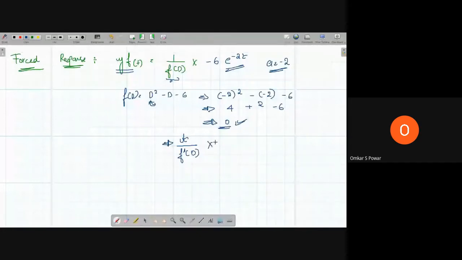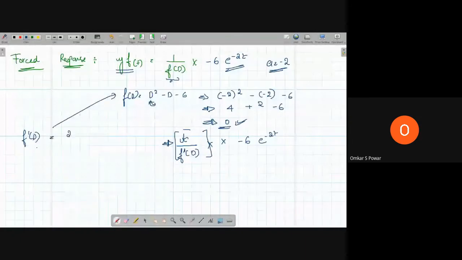So what is that? t by f dash of D into minus 6 e power minus 2t. Now what is this f dash of D? Differentiation of this f of D. F dash of D is 2D minus 1. What is your D value here? Minus 2.